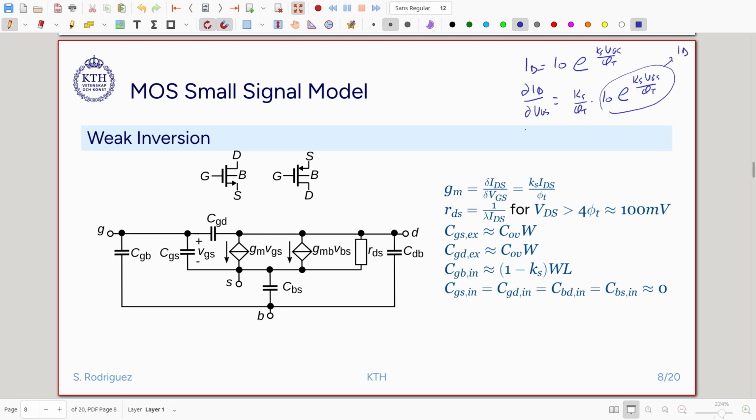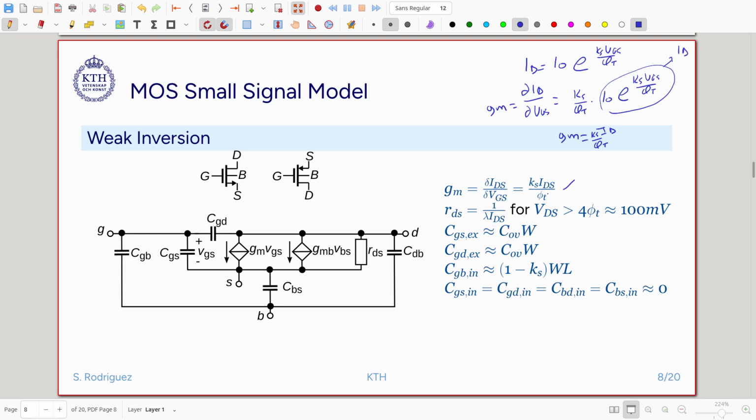So this is the transconductance. At the end of the day, the transconductance will be equal to ID multiplied by Ks divided by the thermal voltage. Okay, so this is what we have here. And now think for a second.